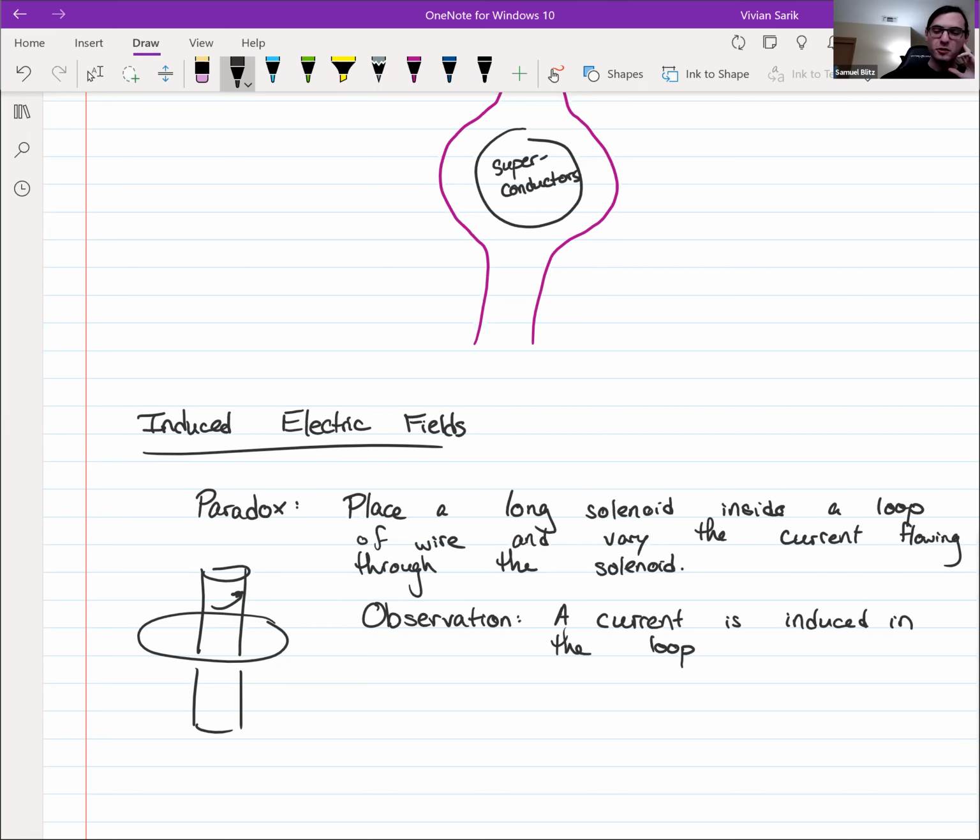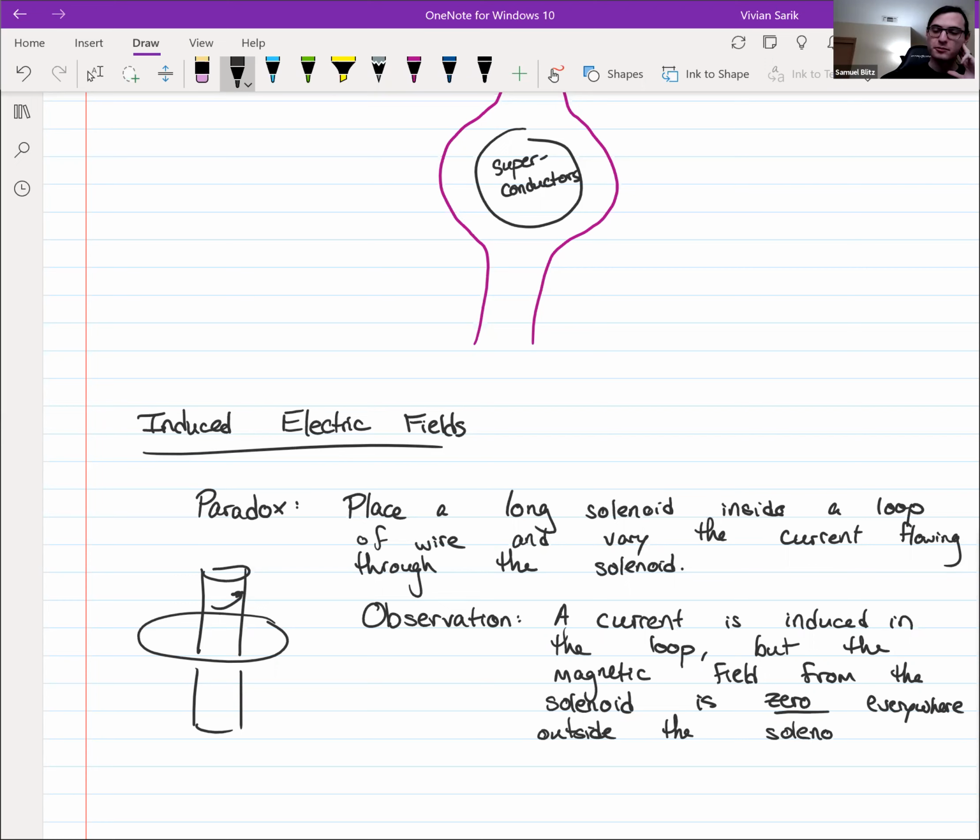But the magnetic field from the solenoid is 0 everywhere outside the solenoid, including at the loop.